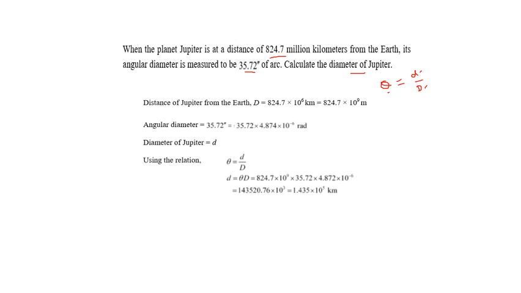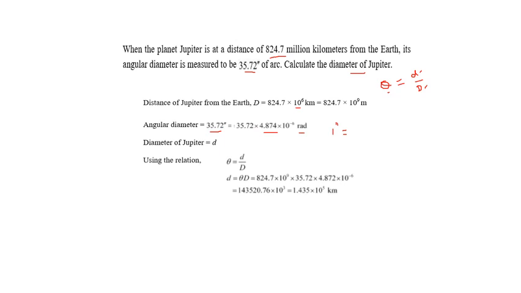Fine. Capital D is given, am I right? 824.7 million kilometers, so 10^6 kilometers. And the angular diameter theta is given as 35.72 arc seconds, so convert it into radians. What is the relationship? 1 arc second is equal to 4.874 × 10^-6 radians.